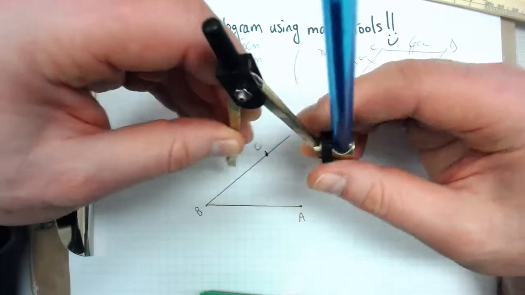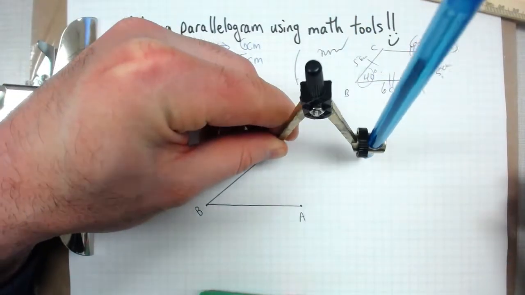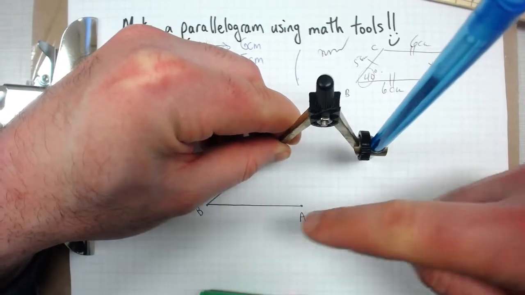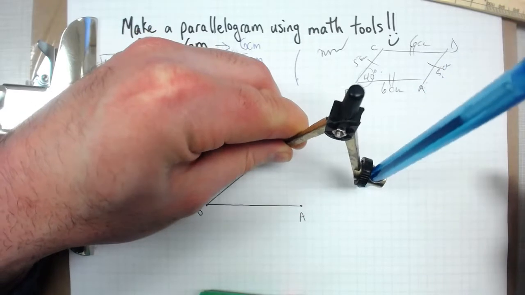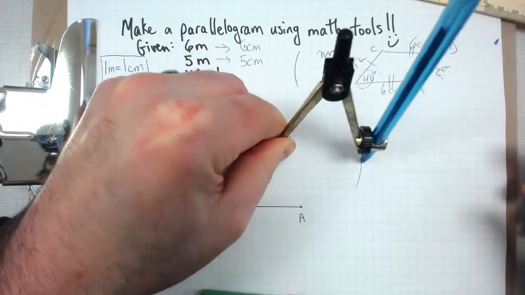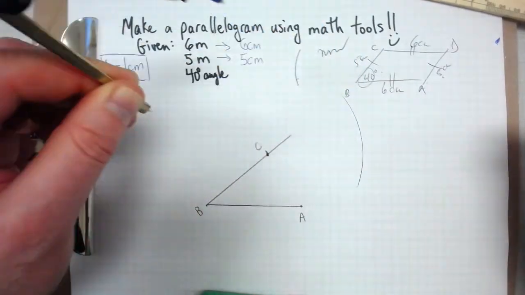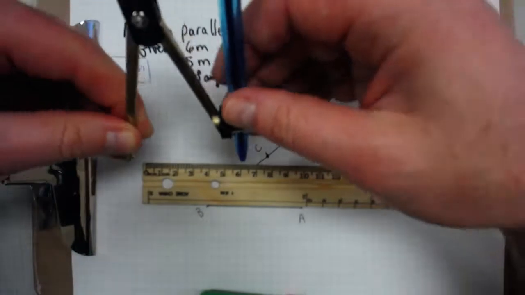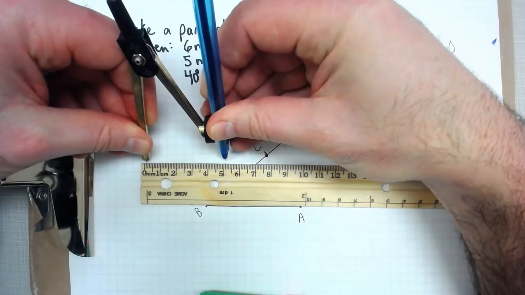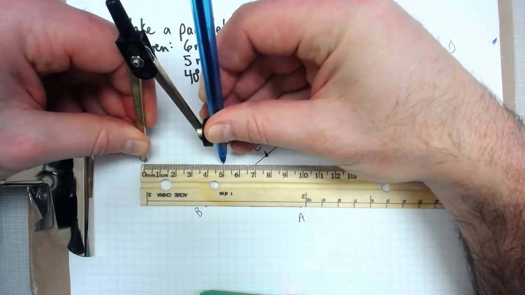Okay, got my gap. Now, the reason I'm doing 6 centimeter gap is from point C to point D there should be 6 centimeters difference because it's the same distance as side length AB. Good. So I've got my arc. Next step, adjust. Now the other side length was 5. So I need to make sure that this one is also 5.